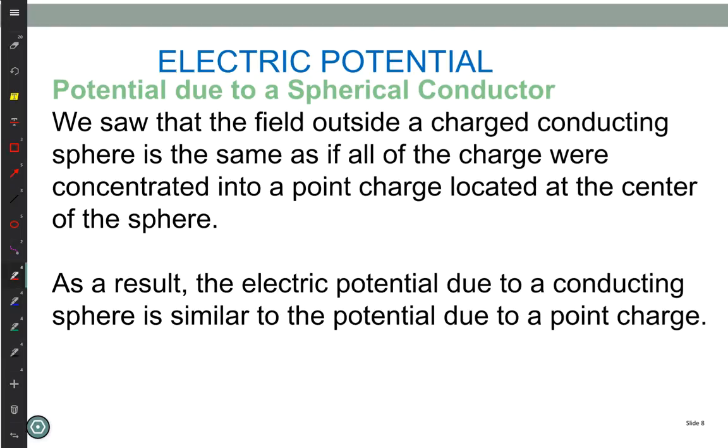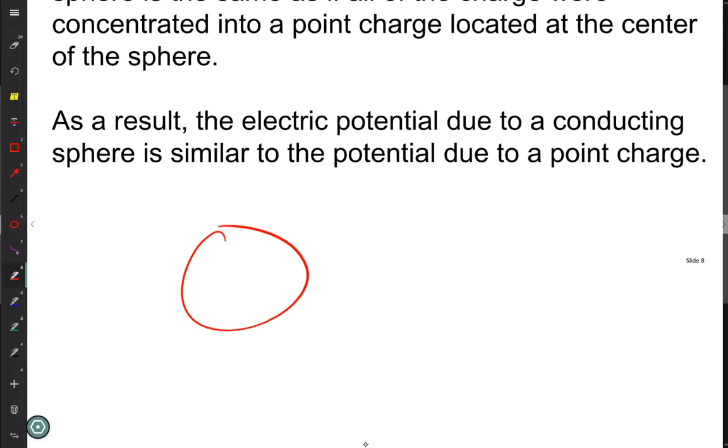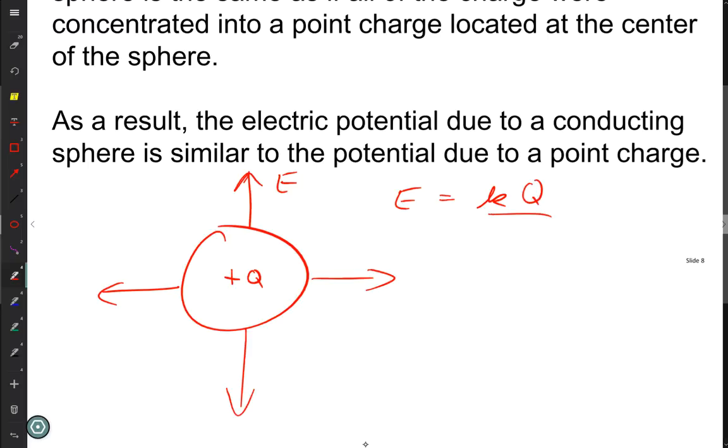And then what's the electric field going to be? Let's say it's a positive sphere. So I have a sphere with a positive charge. What's the electric field going to look like outside of that sphere? It's always going to be pointing normal to the surface, pointing away. And the strength of the electric field is given by KQ over R squared, where R is the distance from where to where?